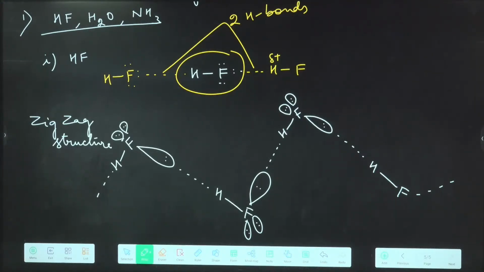Its structure is not linear. Do remember that. It is a zigzag structure. In a particular direction, it is getting formed.